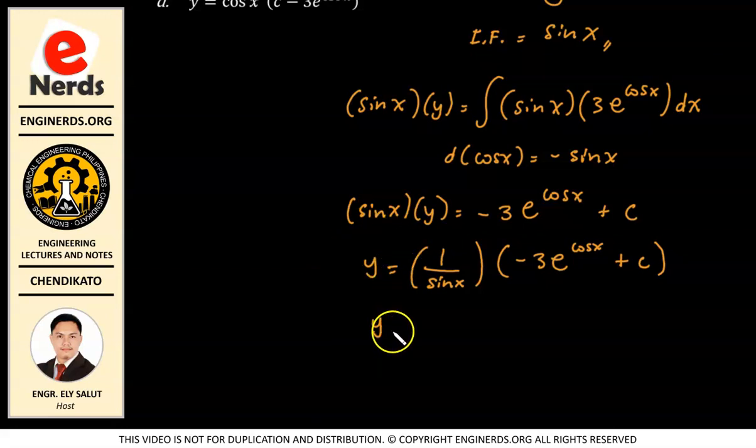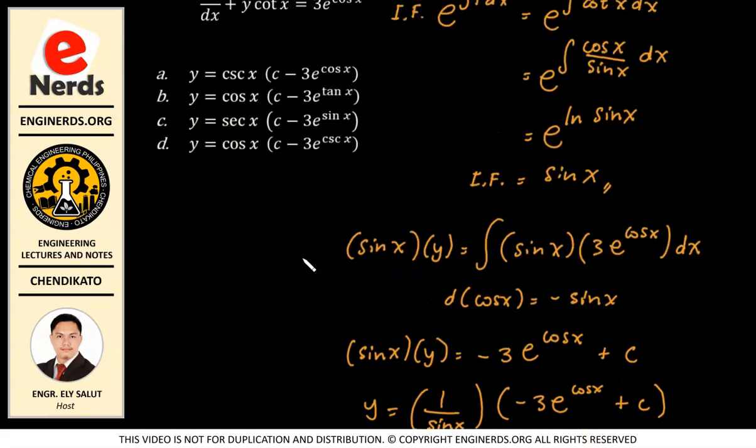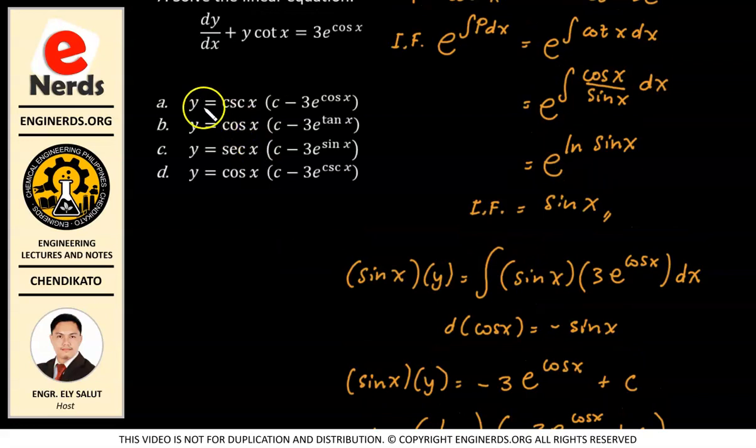So we have y is equal to cosecant of x times negative 3 e to the cosine of x plus c. Let's check which of our choices matches. We have y is equal to cosecant of x c minus 3e to the cosine of x. So this is basically our answer.